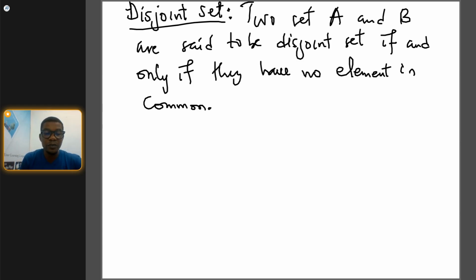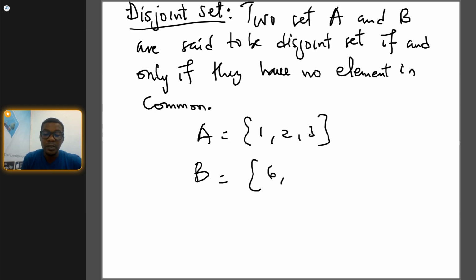So when we have two given sets, set A is 1, 2, 3, and set B is 6, 8, 9, and we are asked to determine whether these sets are disjoint or not, we have to check if they have common elements. Is there an element in A that is also in B?